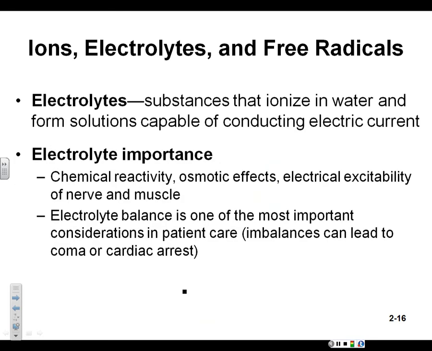Electrolytes are things that ionize in water, so they can give off an electrical current. When we say ionize in water, that means they can break down. So if I put table salt in water, table salt is NaCl.